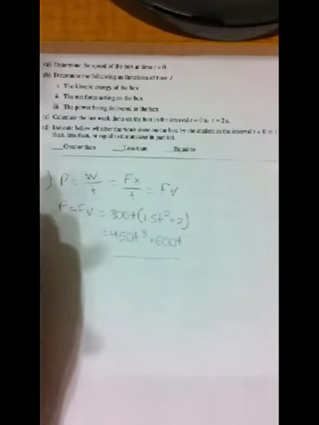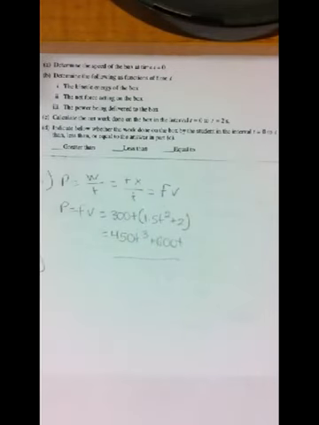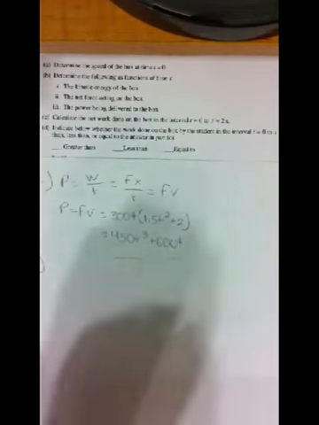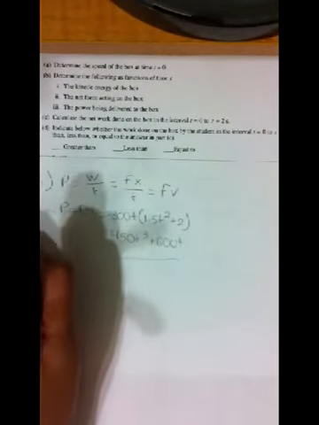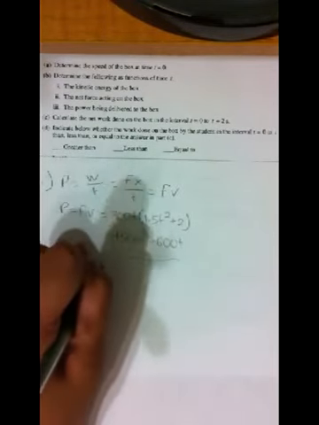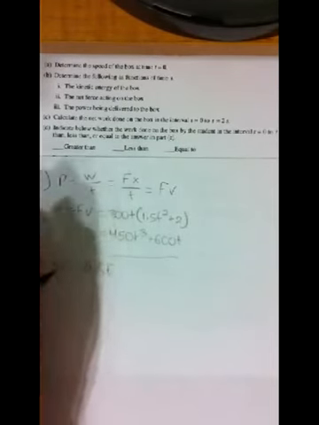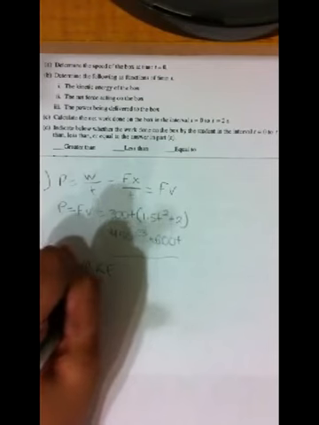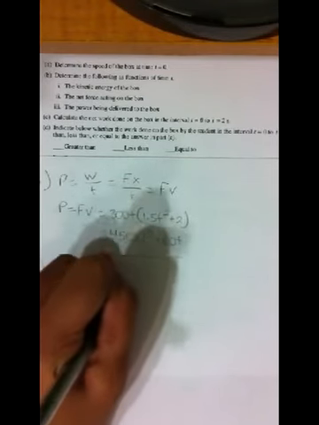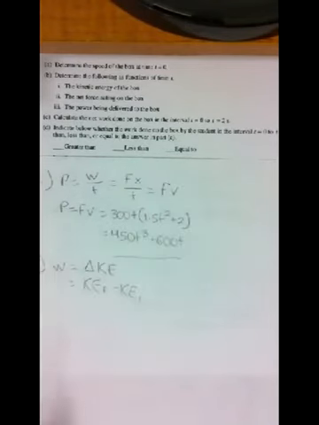Now, part C asks for the net work done on the box in the interval t equals 0 to t equals 2 seconds. So we know that work equals the change in kinetic energy. So it's the change in kinetic energy is simply the kinetic energy final minus kinetic energy initial.